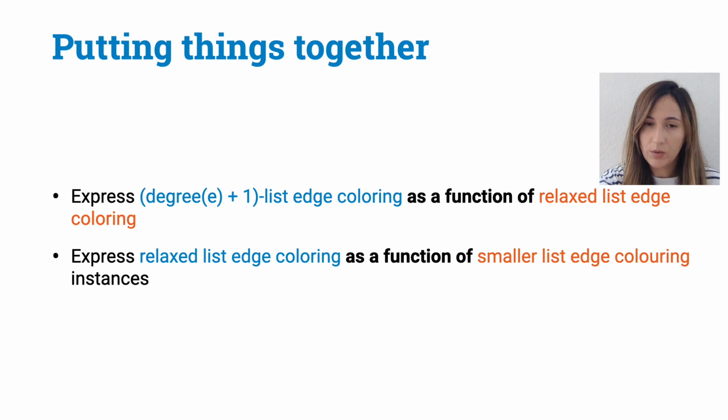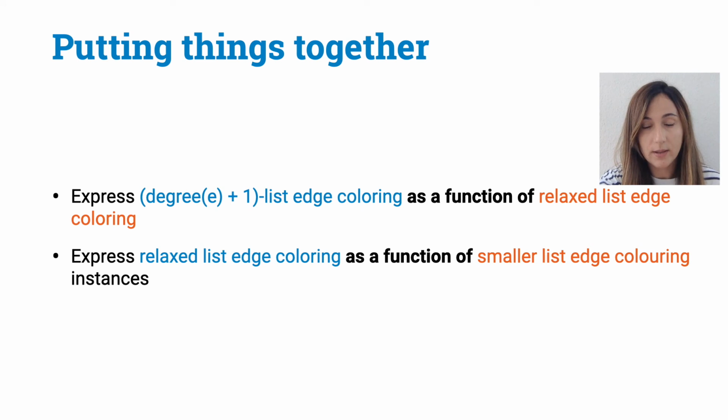So, putting things together, on one hand, we can express the time for solving the degree plus 1 list edge coloring problem as a function of the time required for solving the relaxed list edge coloring problem.